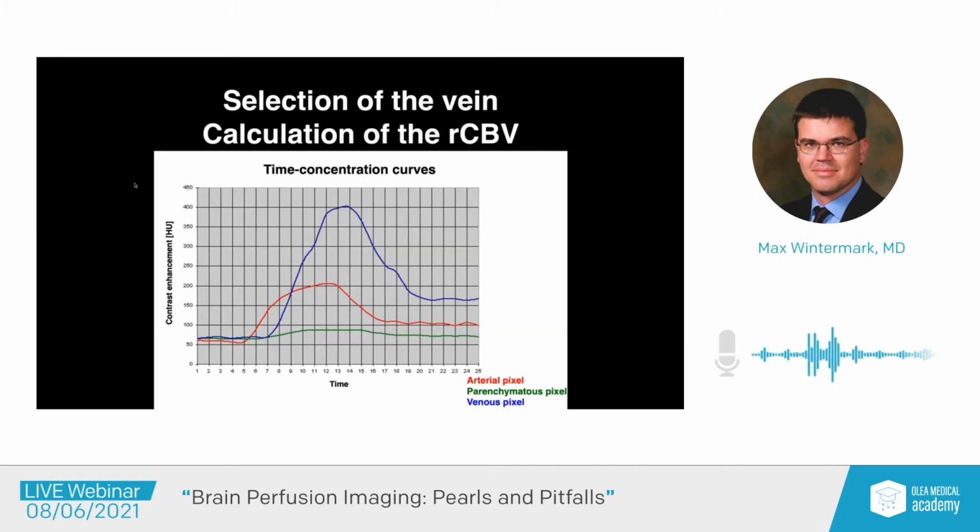Then the software is going to take every single voxel, for instance the green one again, calculate the area under the curve of that particular voxel, and divide it by the area under the curve of the blue curve, the curve that has the maximal area under the curve. That's the way it gets to that ratio and to the calculation of the cerebral blood volume.